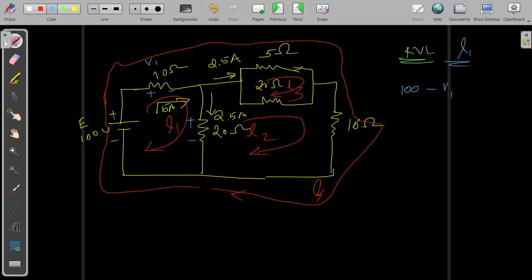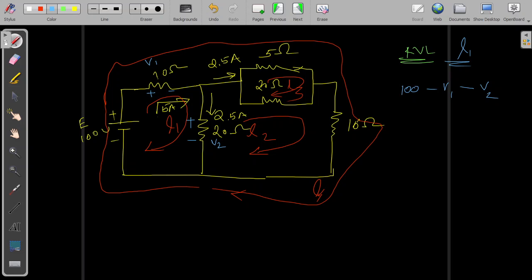It is again a falling potential, and I am assuming that the voltage drop across 20 ohm is V2. So 100 minus V1 minus V2. Okay, this is my KVL equation. It must be equal to 0. I'm checking whether I really get this equal to 0.